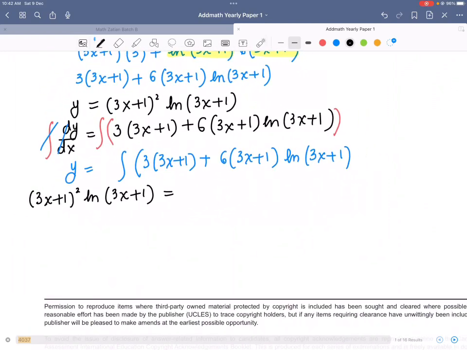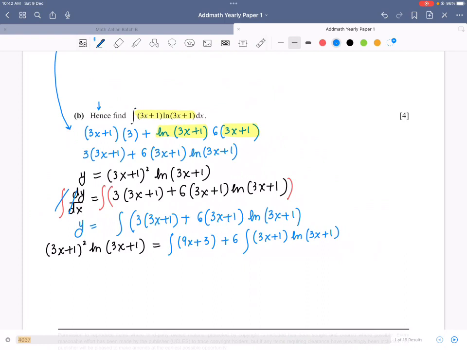I am expanding the sign of integral over both of these brackets. So it will be the integral of 3 3s are 9x plus 3 1s are 3, plus 6 times the integral of 3x plus 1 times ln of 3x plus 1. The ultimate goal is to find the integral of this part. That is the question we are looking for, right?